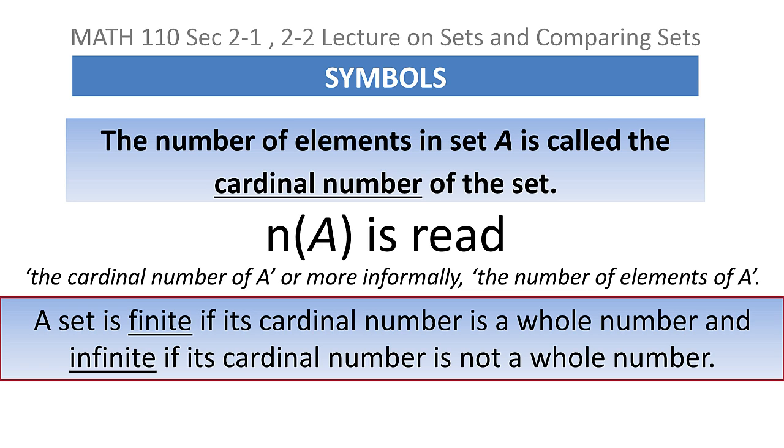A whole number is from the set starting with 0 and going consecutively by 1. So 0, 1, 2, 3, 4, 5, 6, 7, however far you want to go. If the cardinal number of a set is one of those whole numbers, it's said to be finite. If it's not, that set is said to be infinite.